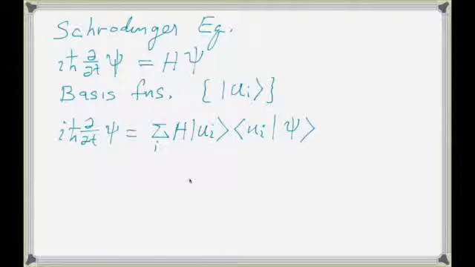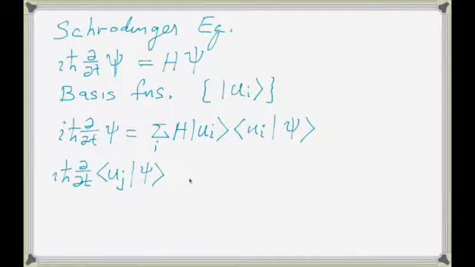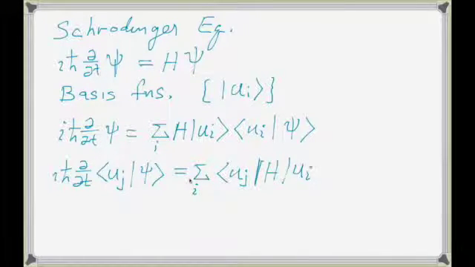Again, the u_i are these known atomic orbitals. We know what they are. Then I hit the whole equation on the left with u_j. So I have i h bar d/dt of u_j psi is equal to sum over i of u_j H u_i psi.